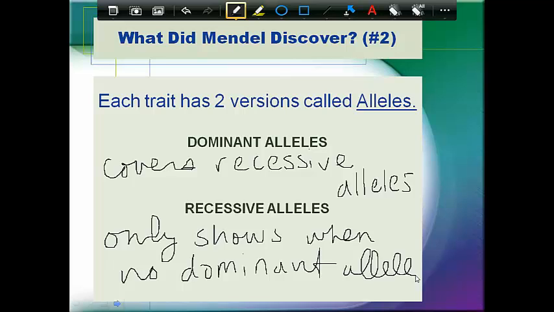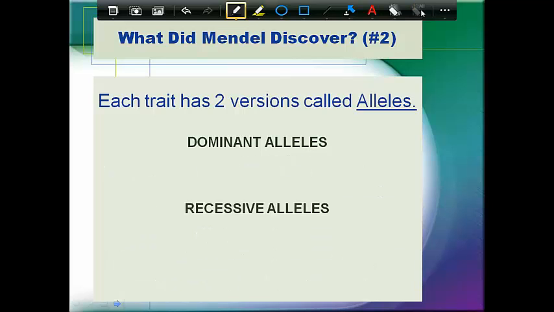So if we go back to Mendel's examples, let's take tall versus short pea plants. If the dominant allele is tall and the recessive allele is short, and every trait has two versions, that means every pea plant has two versions.